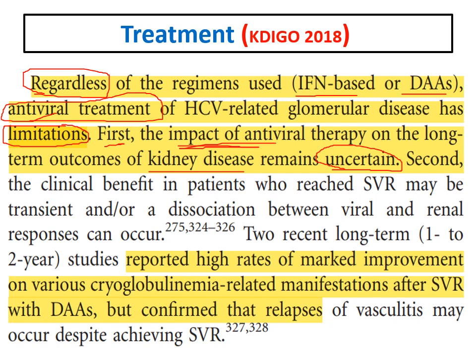We don't have any data for long-term follow-up of patients treated for HCV with glomerular affection, with most of the studies having a short period of follow-up. So the impact of this antiviral therapy on the kidney on a long-term basis is uncertain.